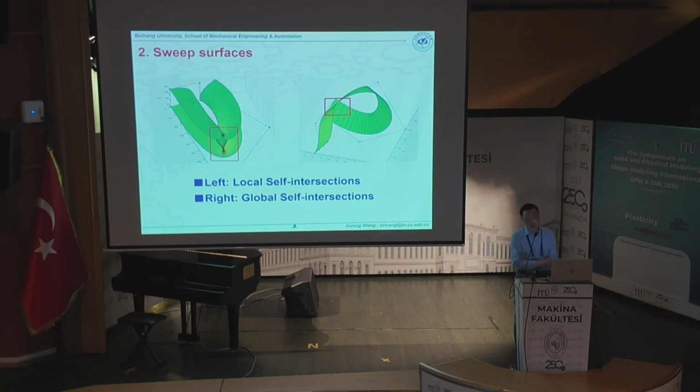The second case is global self-intersections, which result from spatial proximity between two distinct segments of the spine curve, leading to self-overlapping of the sweep surface in 3D space.